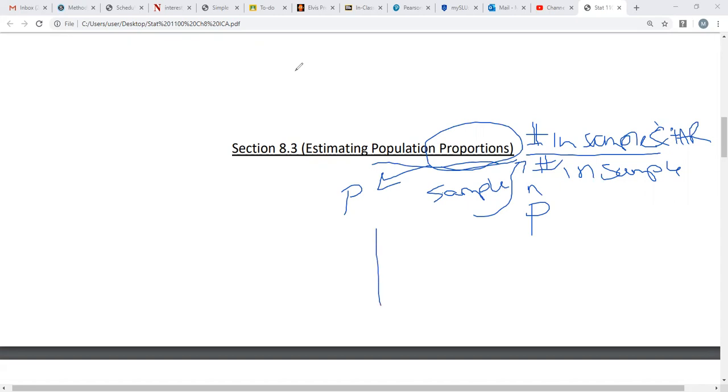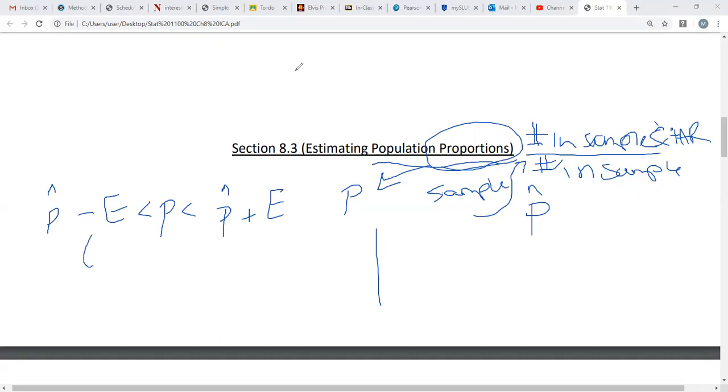The same basic foundation applies here with a confidence interval. So we're estimating our population proportion. We're going to put that between the sample value or the sample statistic, and then we're subtracting or adding a margin of error.